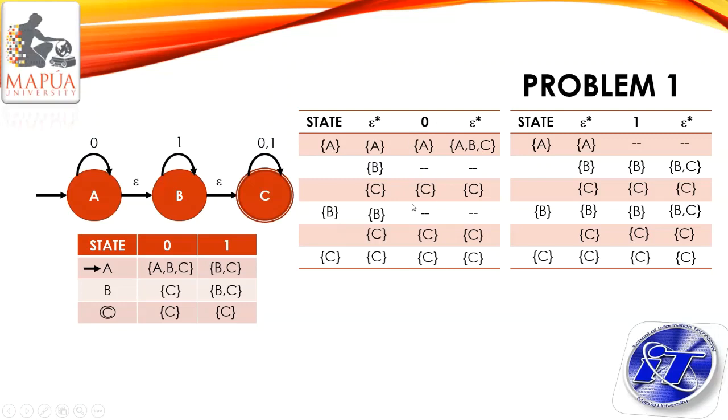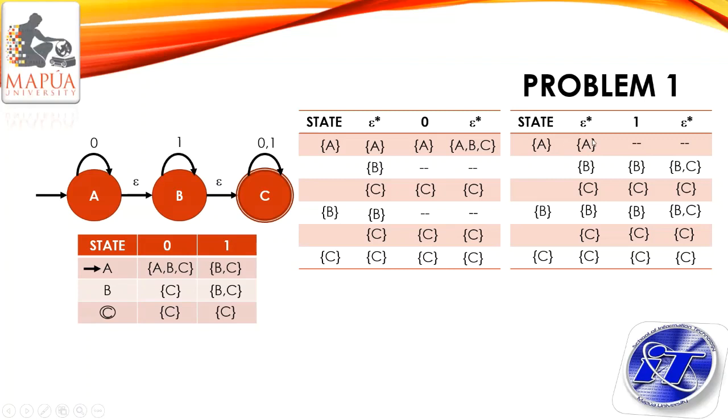If it's 0, again, nowhere to go, but we all know that C is part of the closure of B, since we have an epsilon transition between B and C. Again, the closure of B is BC. So B has nowhere to go at 0, and C at 0 will just stay within itself.